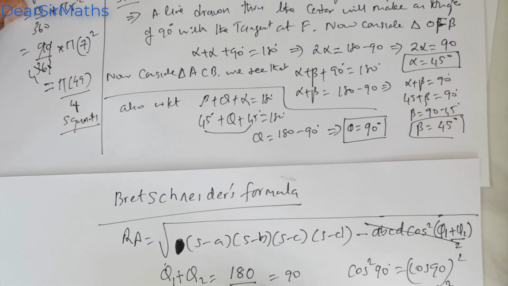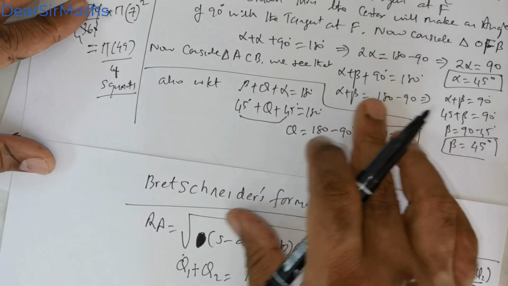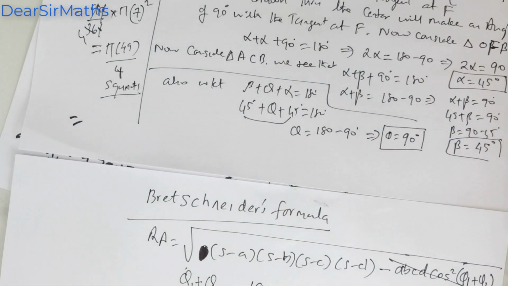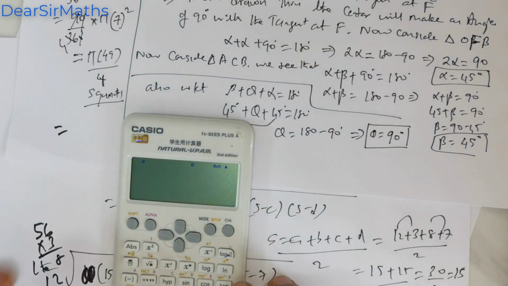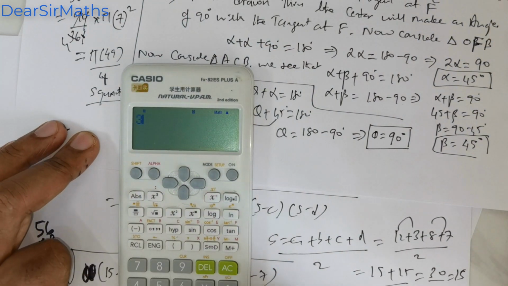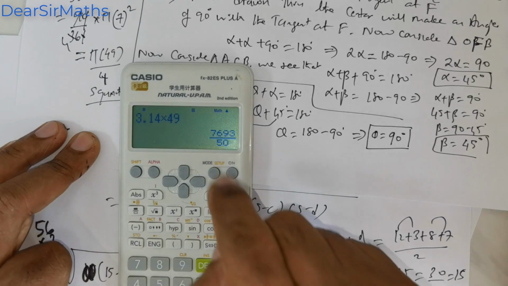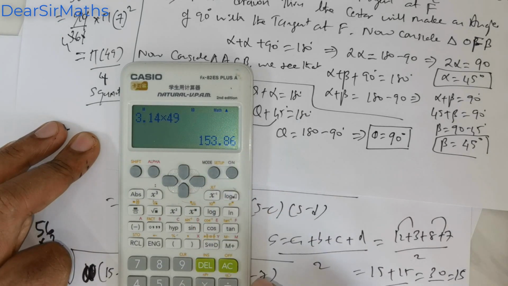Now as I mentioned to you, we also need to calculate this value. So let me also get that value down. You can actually use your calculator here. So I'm going to take 3.14 multiplied by 49. I get 153.86.